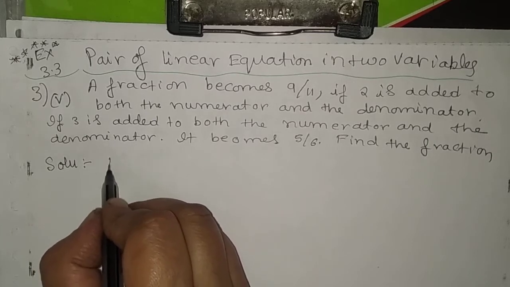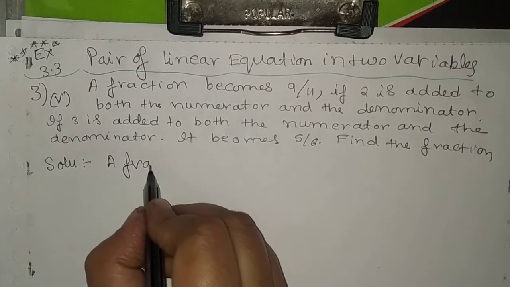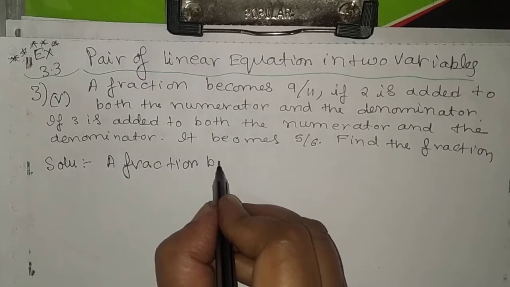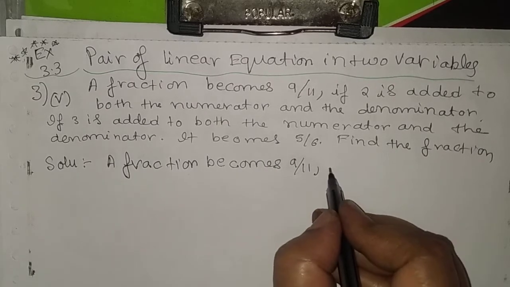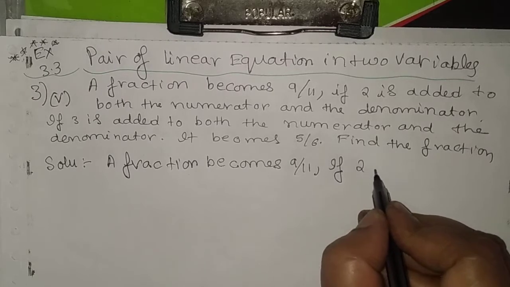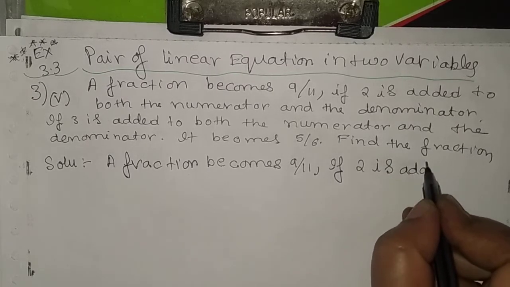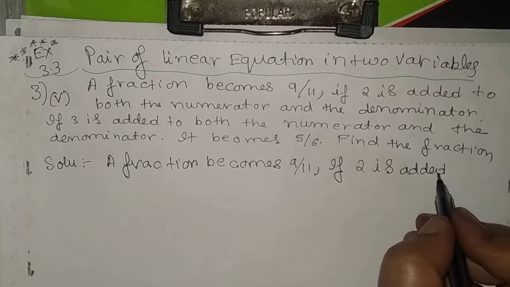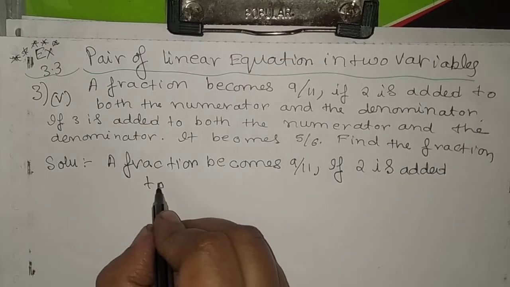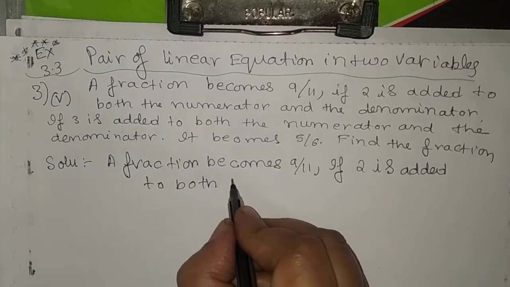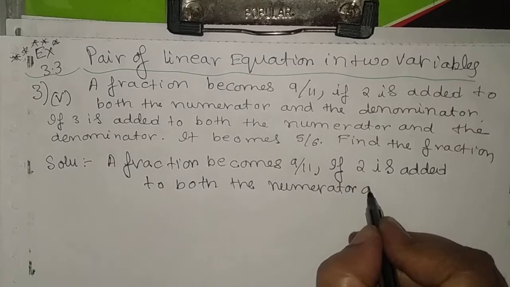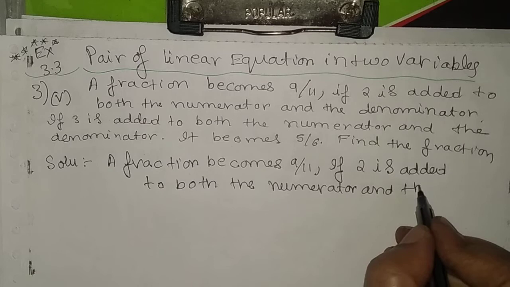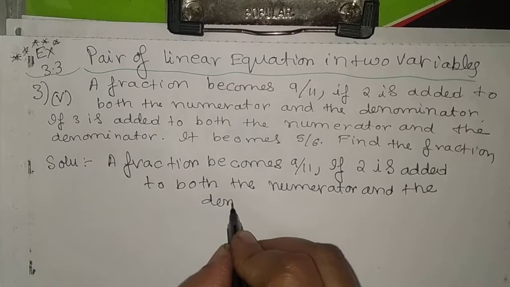Solution is, a fraction becomes, these are the data given in the problem, 9 by 11 if, what the problem says, 2 is added to both the numerator and the denominator.